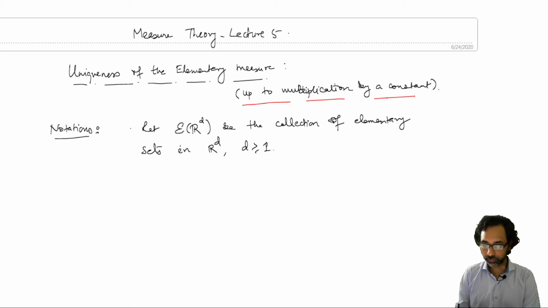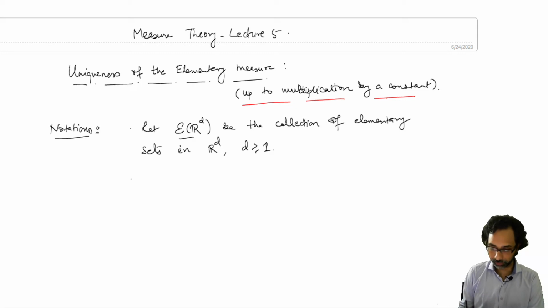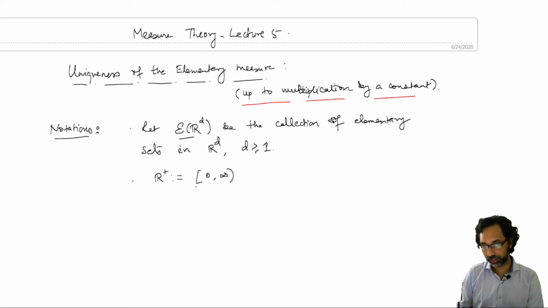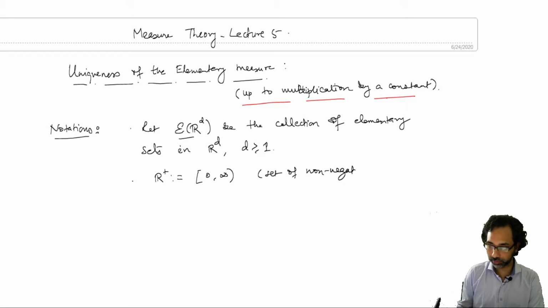So our calligraphic E(Rd) is the collection of elementary subsets in Rd, and secondly I will denote R plus to be this semi-axis from 0 to infinity. This is the set of non-negative real numbers.